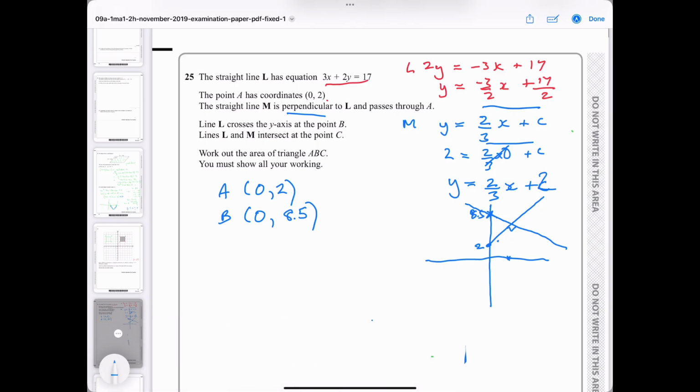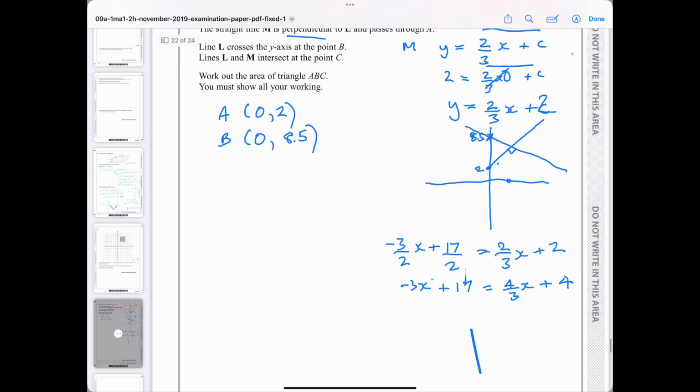So if minus 3 over 2x plus 17 over 2 equals 2/3 x plus 2, times out by 2, so we get minus 3x plus 17 equals 4 over 3x plus 4.